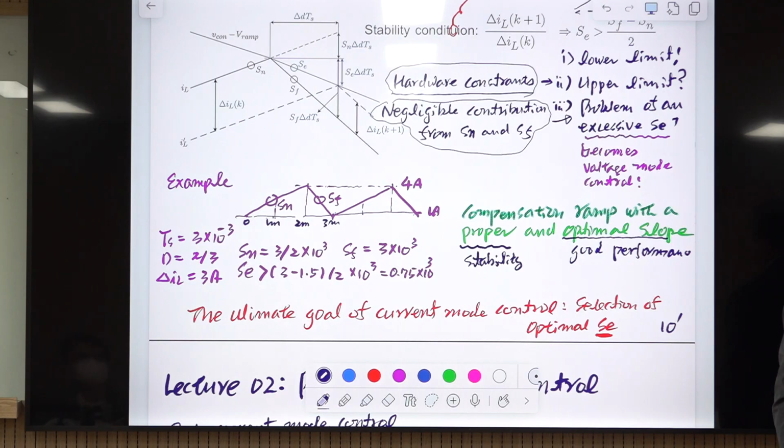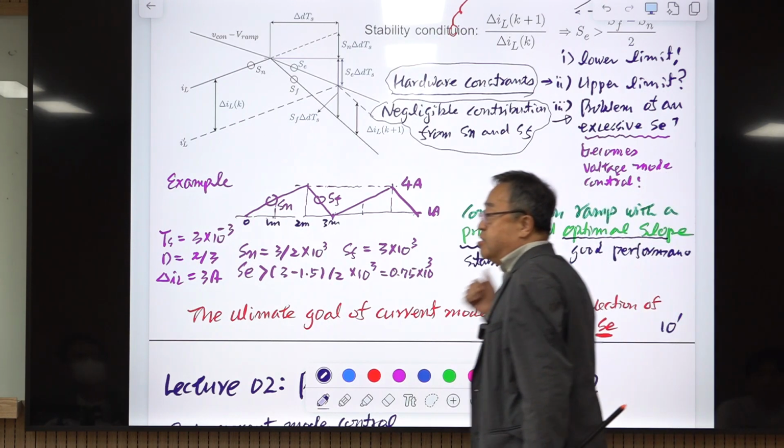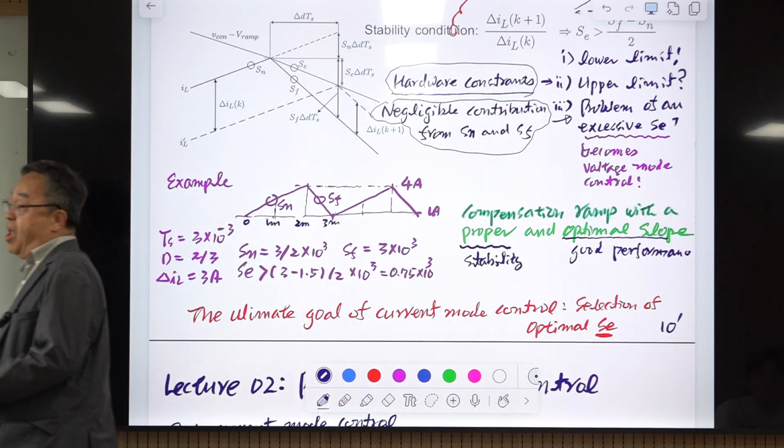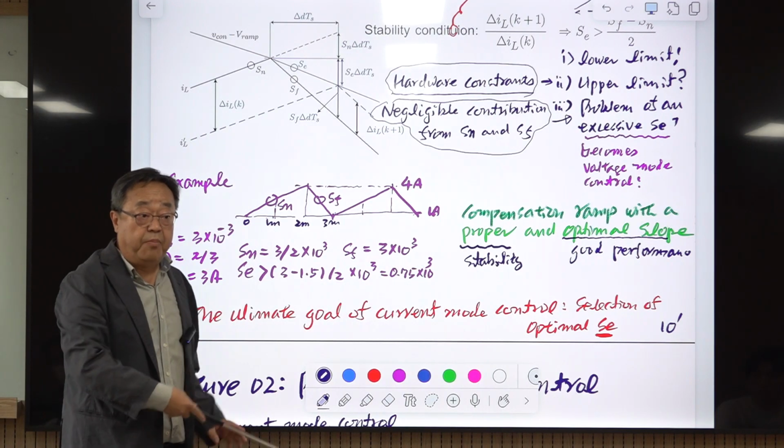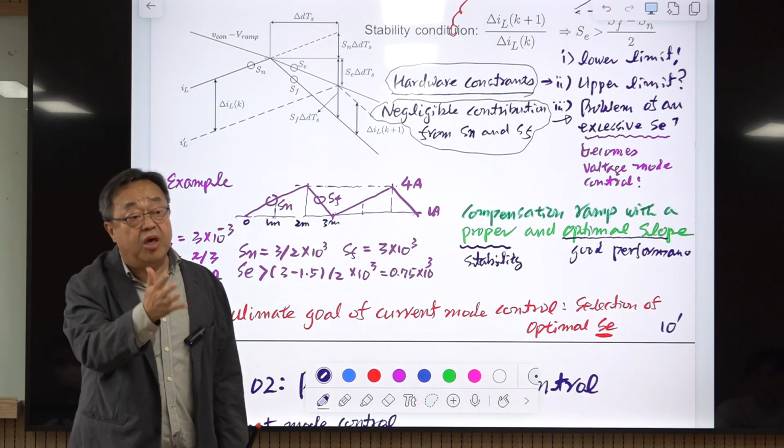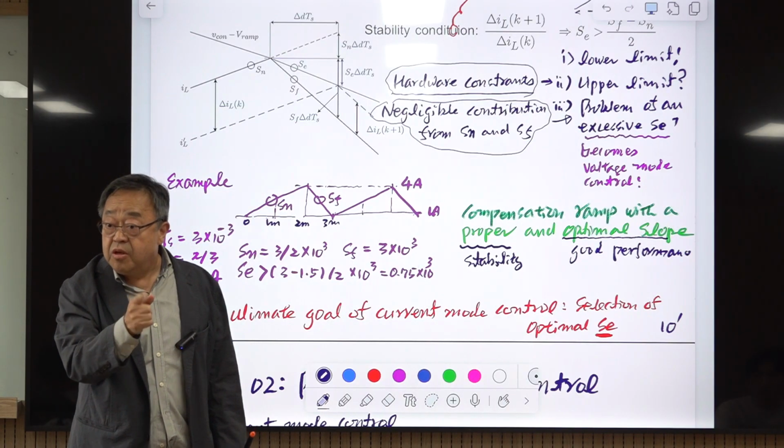So the eventual result of the design is to select the best possible SE. That is the only available option for you. So this is a very simple problem: which value of SE is the optimal value? You are looking for that optimal value, right?